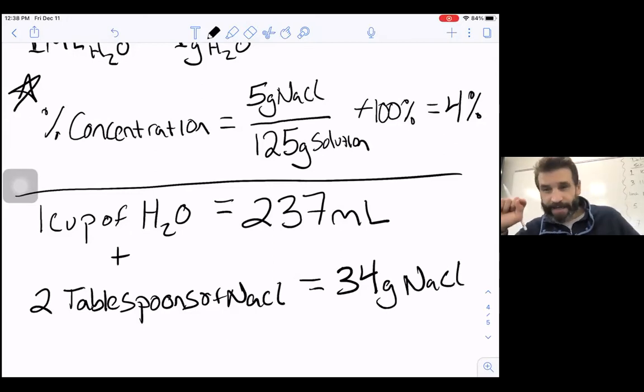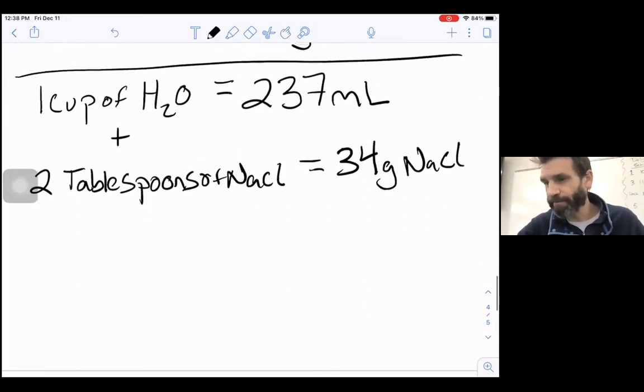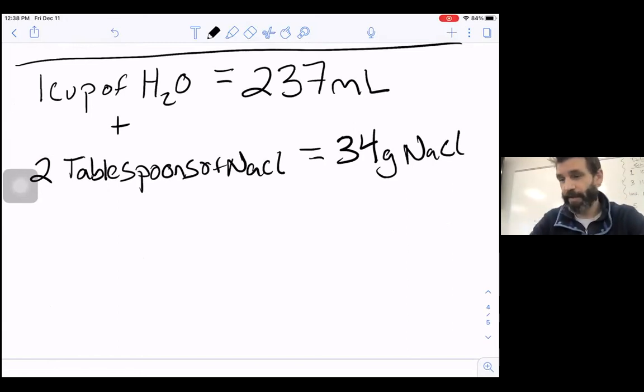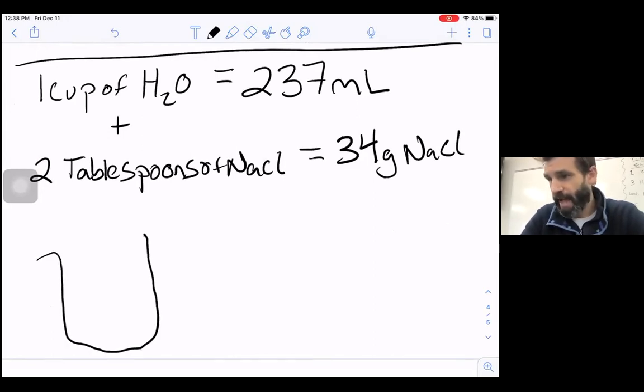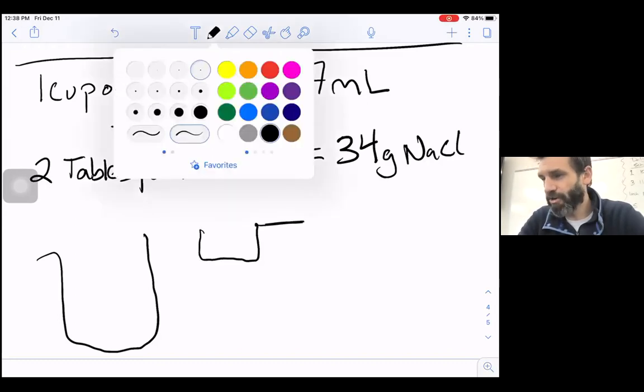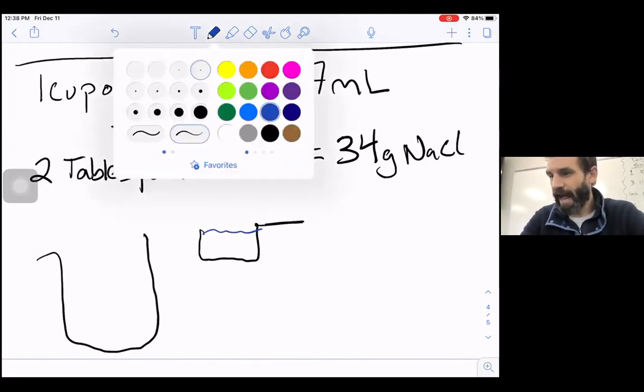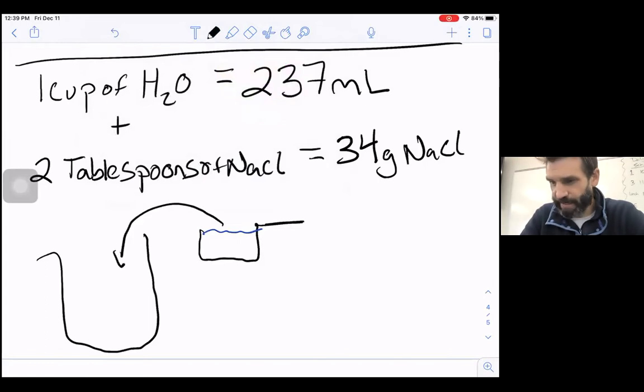Now, if I wanted to calculate this percent concentration, remember, I didn't bring the volume up. I already had a cup, and then I added more salt to it, which would raise the volume a little bit. So in this case, let's say I had a beaker here, and this is my measuring cup. And I measured my measuring cup, right? And I then took this and dumped it in here.